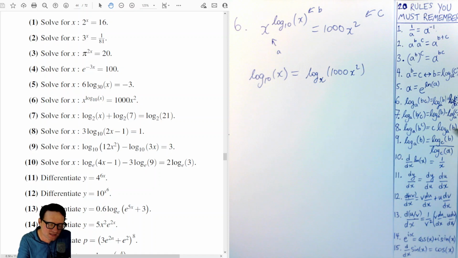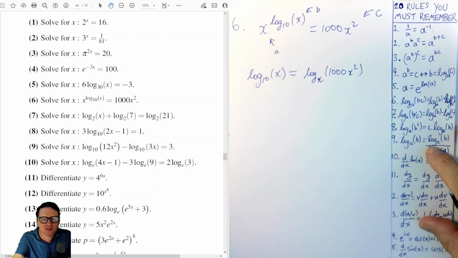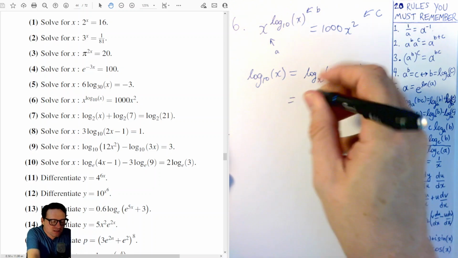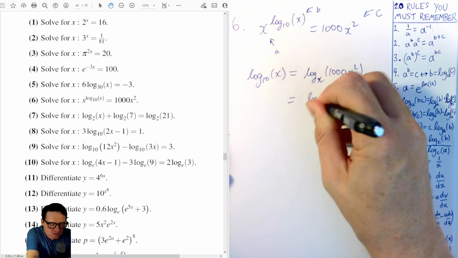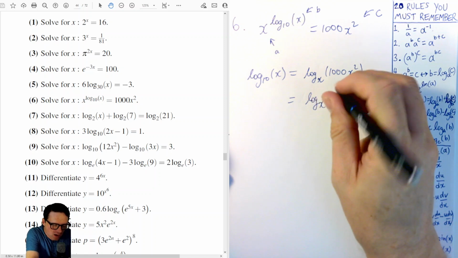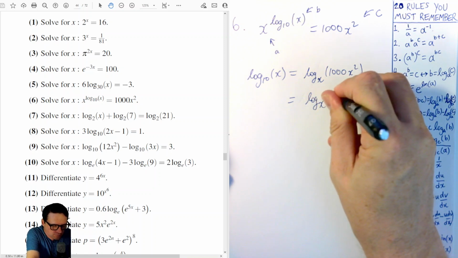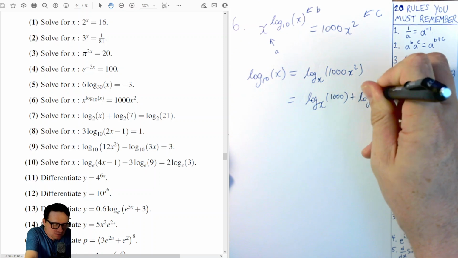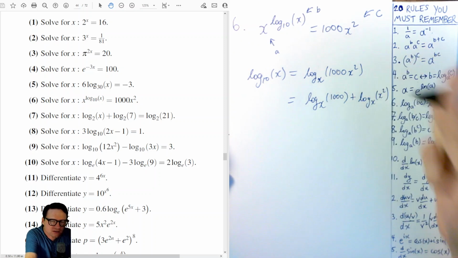And so which one is this? That's rule number 6. Okay, I'll put this in view. This says log to base a of b times c is log to base a of b plus log to base a of c. So let's break up the right-hand side in that way. So we have log to base x of 1000 plus log to base x of x squared.